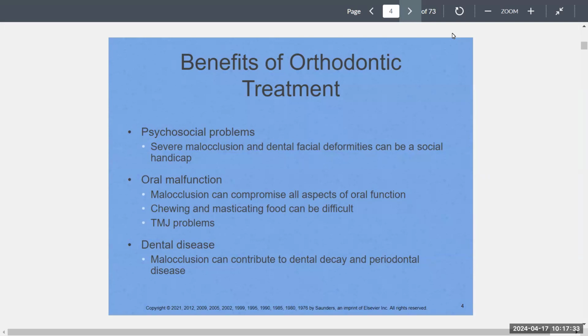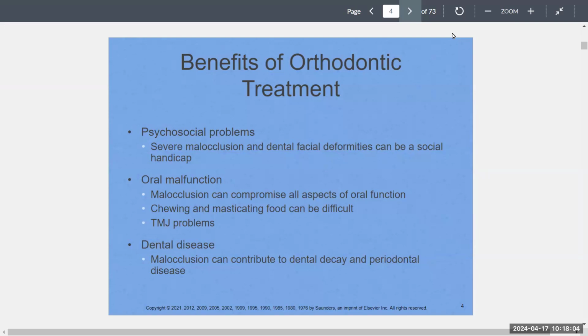And then, of course, you have dental disease. Malocclusion can contribute to dental disease when you have overcrowding of teeth that are tilted onto one another or impinging on one another. When these patients chew, things get stuck more often, which then leads to decay, because a patient dealing with that type of issue will be more prone to cavities than someone with straight teeth, for example.